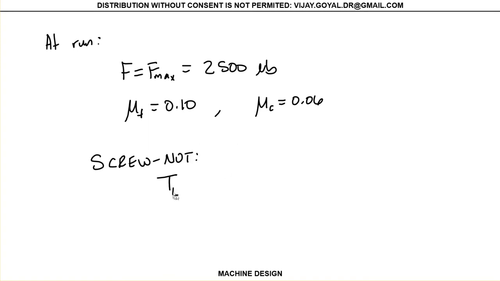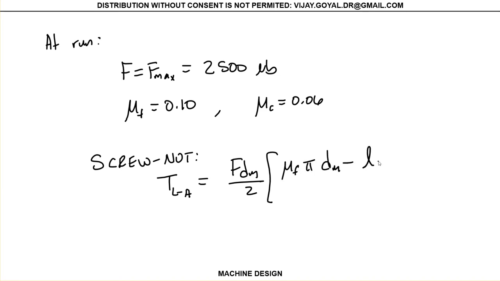It will give you TLA equals F dm over 2 times (mu F pi dm minus L cosine alpha), over (pi dm cosine alpha plus mu F L).